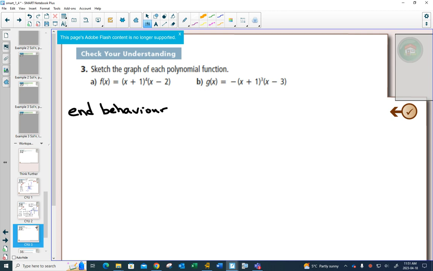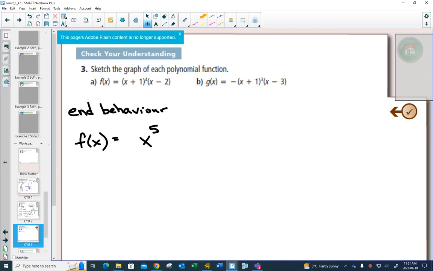Because in order to know the end behavior, you have to sort of multiply it up. Not completely. You just have to be able to say, what's going to be the highest exponent? And if this is to the power of 4, and this is to the power of 1, can you see that you're going to have, if you multiply it all out, 5 x's in the end?